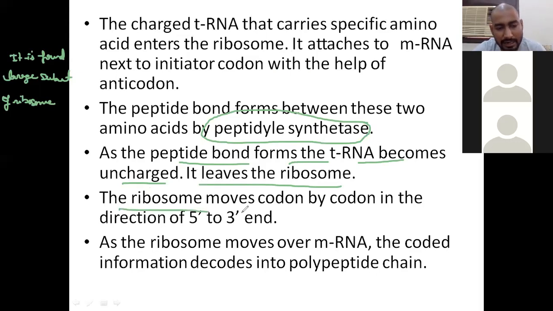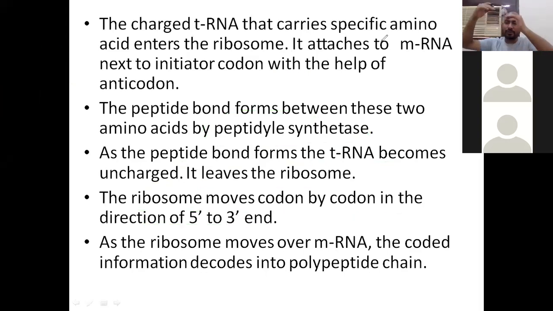The ribosome moves codon by codon in the 5' to 3' direction. As the ribosome moves one by one, new charged tRNA molecules also come.